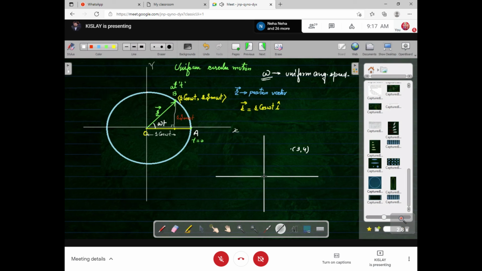And let's say this is the position vector for this point. Mark it as R. How can you write this vector R? Component along this is this. Yes, sir.